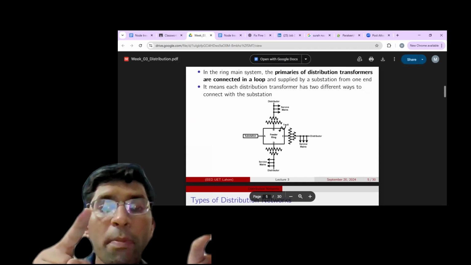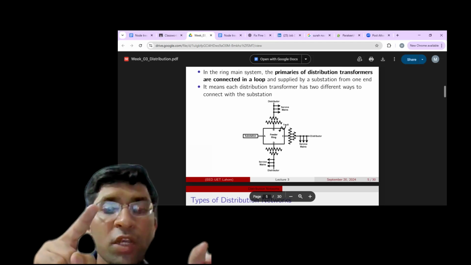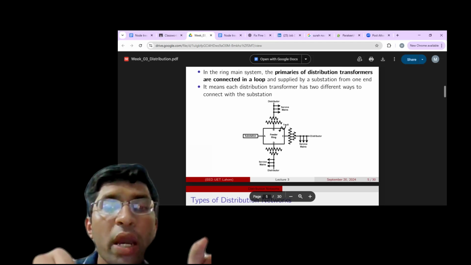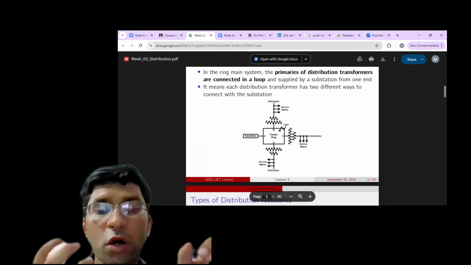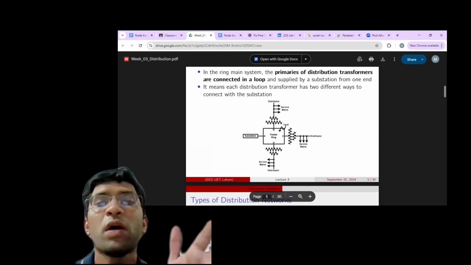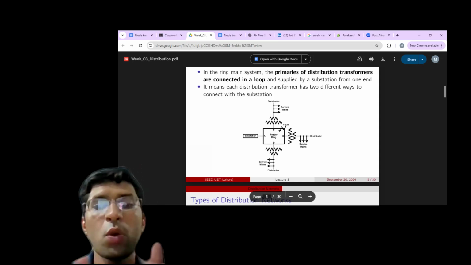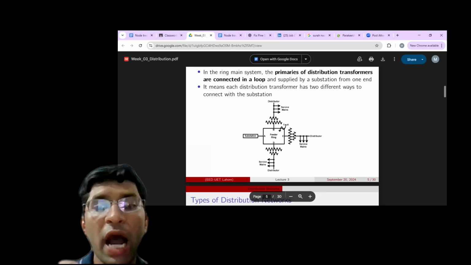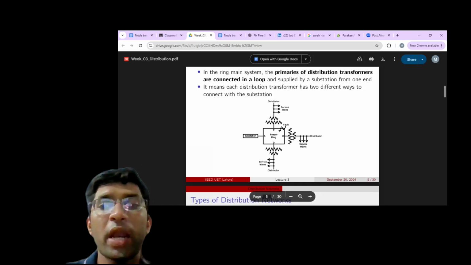What do I mean by loop? Just like the clock needle, it moves in a loop. And you must have studied about Kirchhoff's laws in a loop. Try to recall it. Most of you are quite intelligent and know what a loop means. So I'm just diving into the baby steps right now. So each distribution transformer has two different ways to connect with the substation.